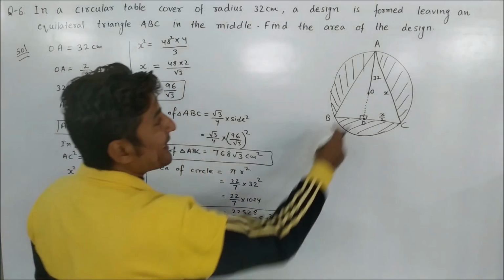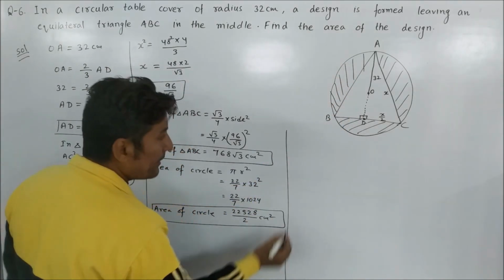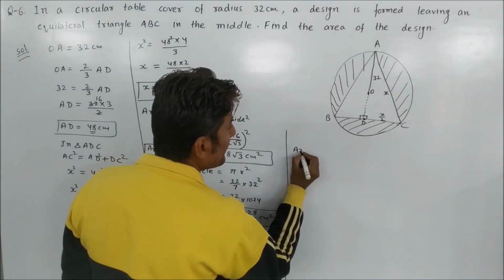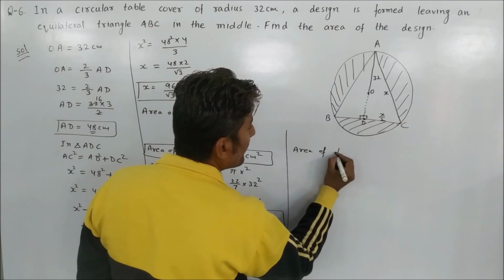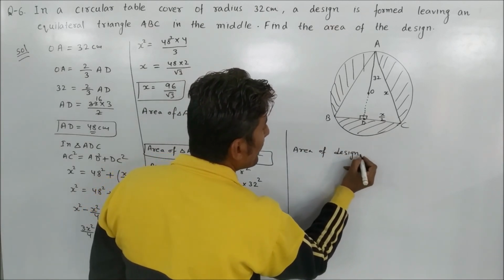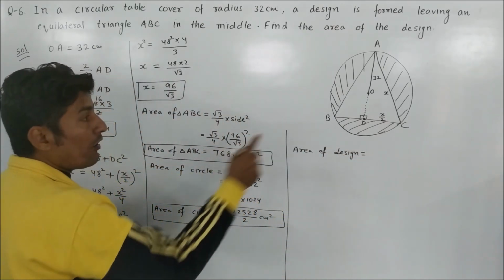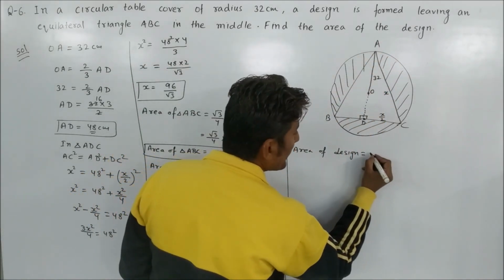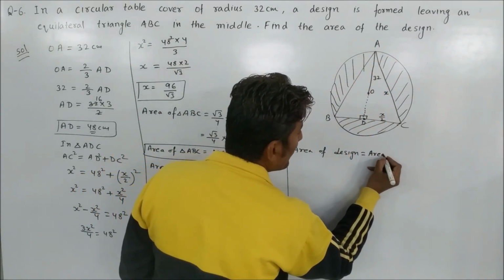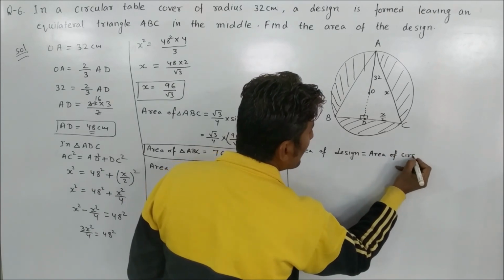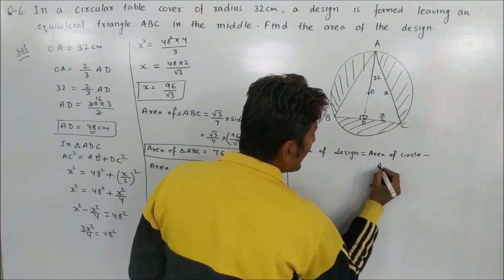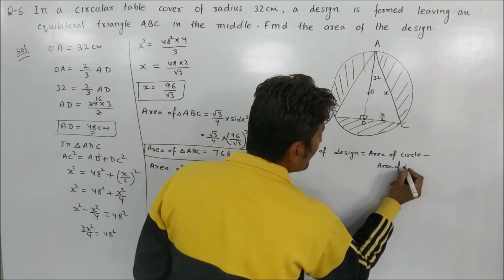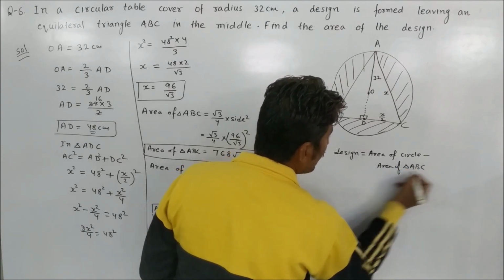Now we are going to find the area of the design. To find it, area of design will be equal to area of circle minus area of equilateral triangle. So we write area of circle minus area of triangle ABC.